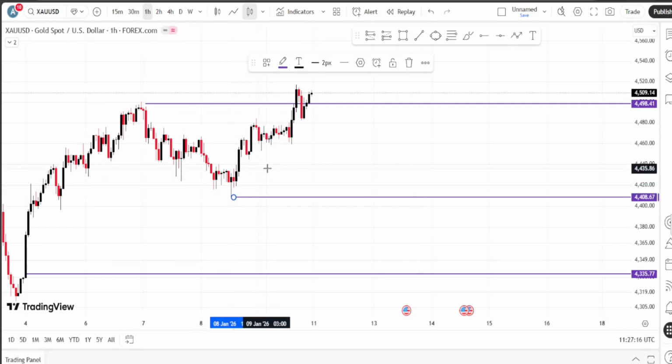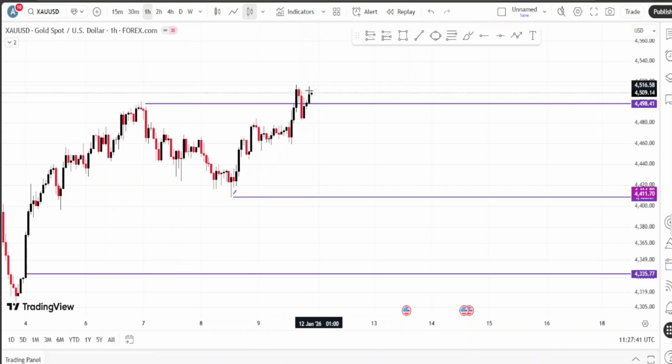And then we have that non-farm payroll on Friday. Price grabbed all this liquidity here, which was generating, and now we have all that impulsive move over there.